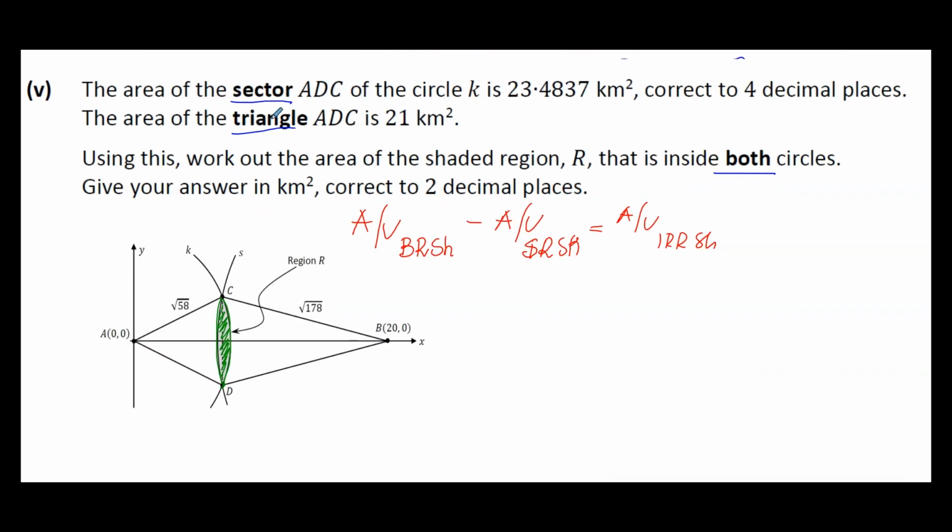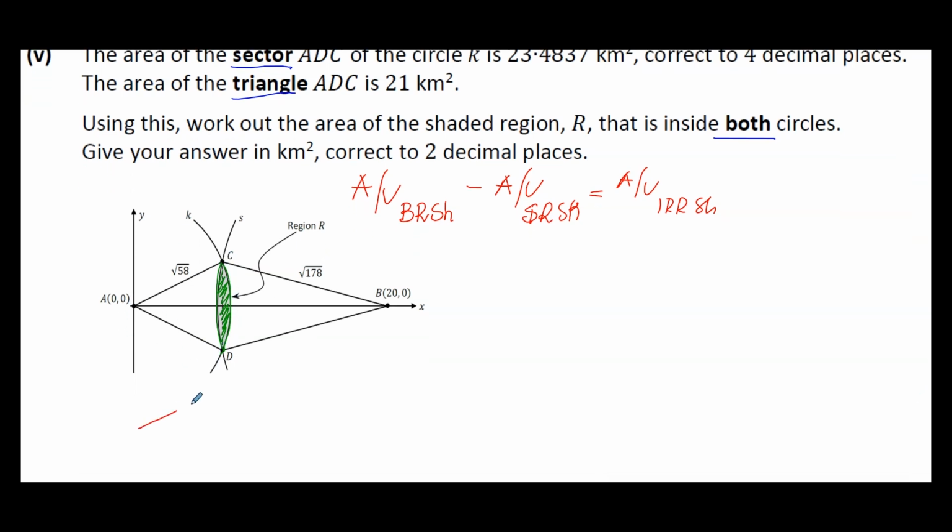So in our case, if we were to break it down visually, they are pointing to a sector and the triangle. So sector ADC, or ADC sector. So they are saying this sector, and then triangle ACD. So what will happen if from the sector I take away the triangle? I will be left with that tiny bit at the end, isn't it?